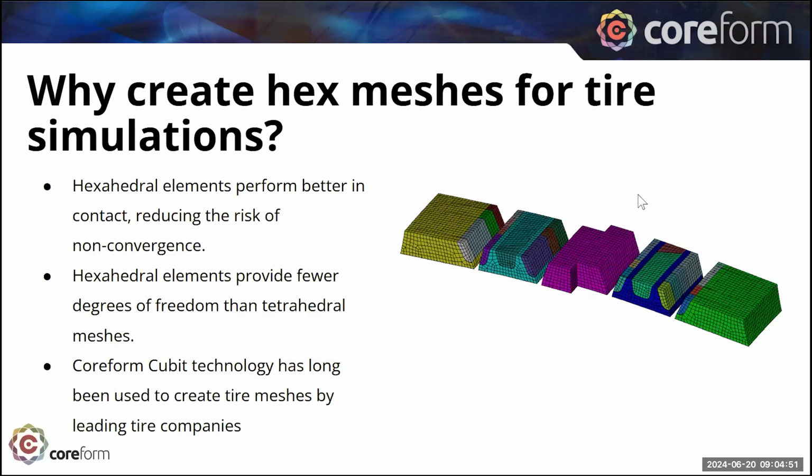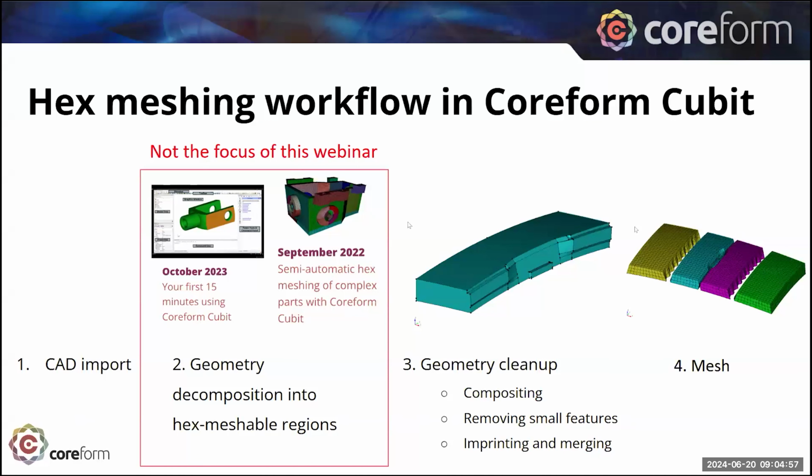And Cubit, as Matt mentioned, has the automation capabilities so that we can run things over and over. So the basic workflow in Cubit is we import the model. Frequently, we have to decompose the model, clean up the model, and then mesh it. In this particular seminar, I'm not going to worry about the decomposition.